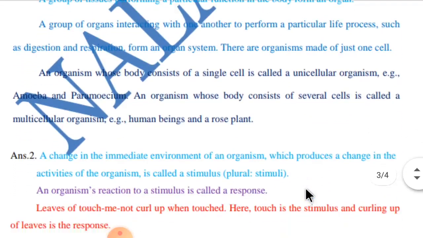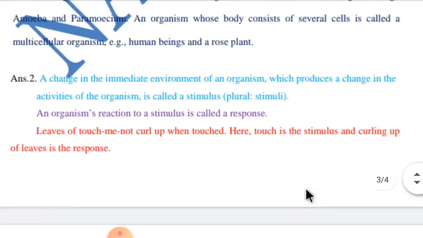Let's see the next question: with the help of an example, explain stimulus and response in plants. So the answer is, a change in the immediate environment of an organism which produces a change in the activities of the organism is called a stimulus, plural form stimuli.